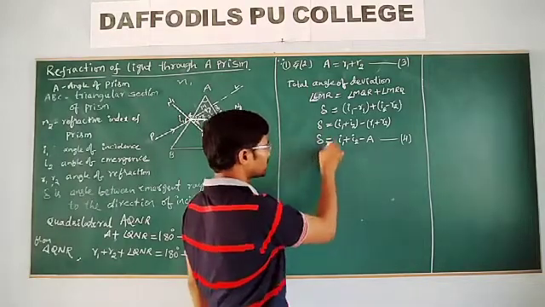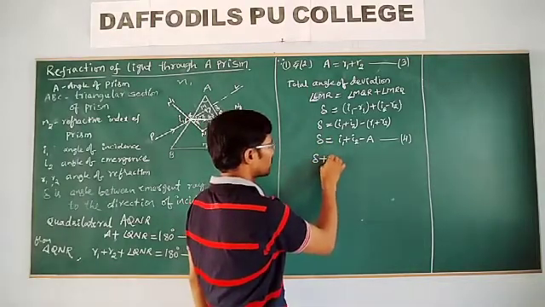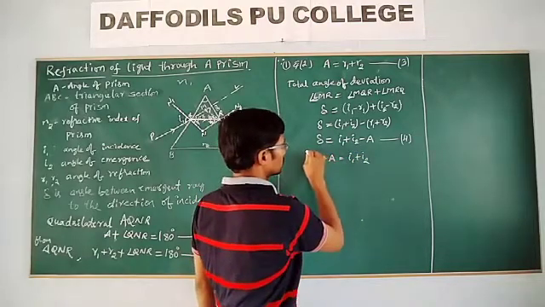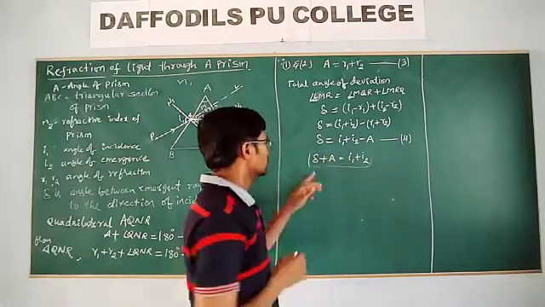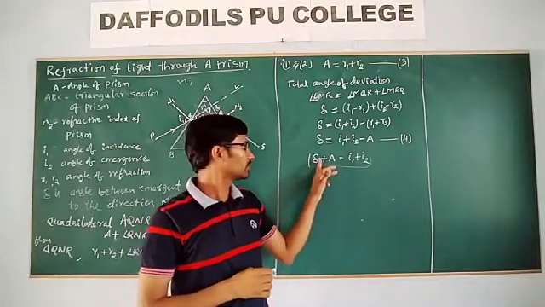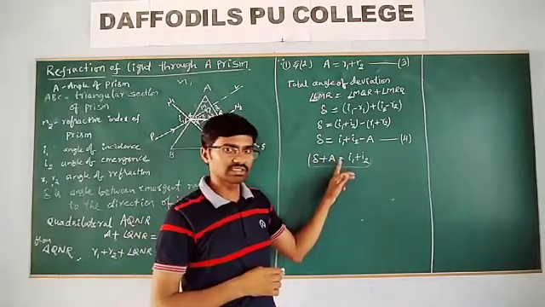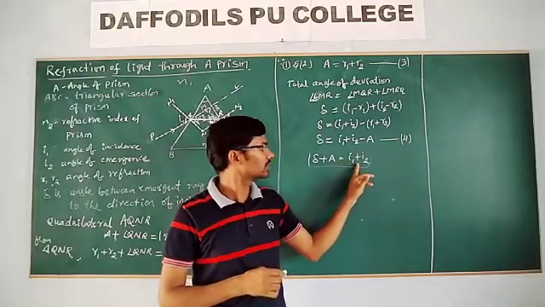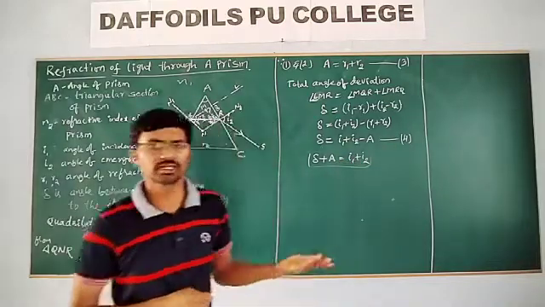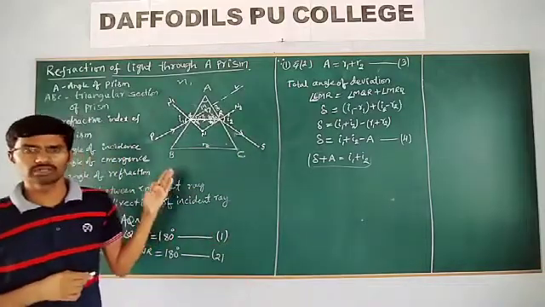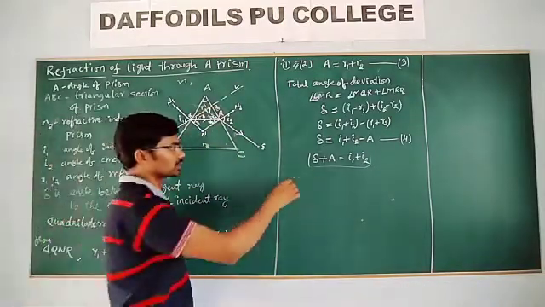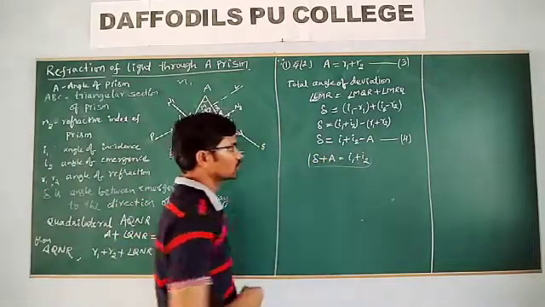You can also write this expression as delta plus A is equal to I1 plus I2. That means angle of deviation plus angle of prism is equal to the sum of the angle of incidence and angle of emergence. I1 is the angle of incidence and I2 is the angle of emergence, so delta plus A is equal to I1 plus I2.